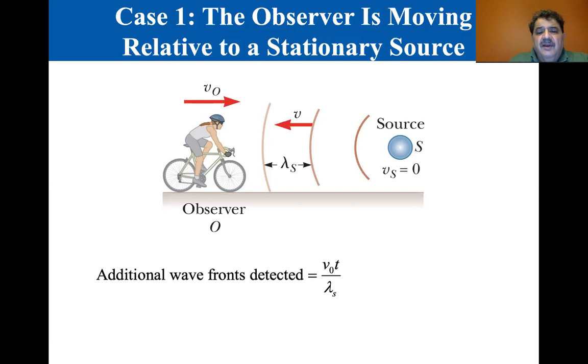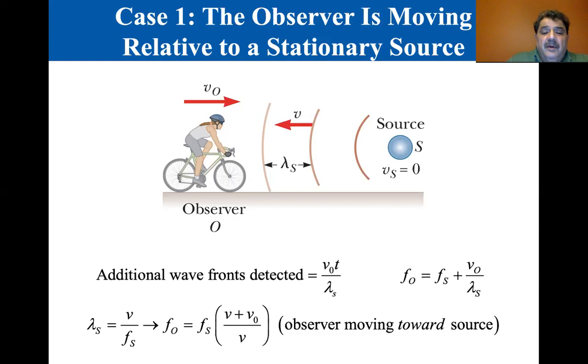Now, the additional wavefronts detected are v0 t divided by lambda s. So f sub O, the frequency observed, is equal to the frequency of the source plus the velocity of the observer divided by lambda of the source.